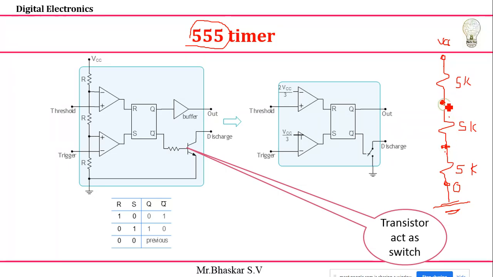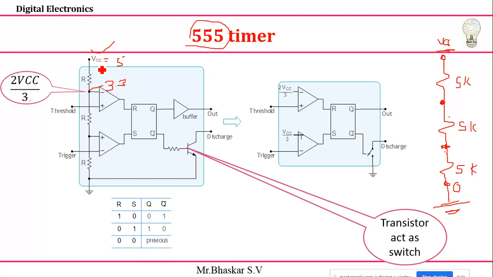Usually these voltages are totally related to my VCC. Remember, the voltage after the first resistor is 2/3 of VCC. Last class we took an example of VCC as 5 volts. If we calculate, 5 into 2 is 10, and 10 divided by 3 gives us 3.33.